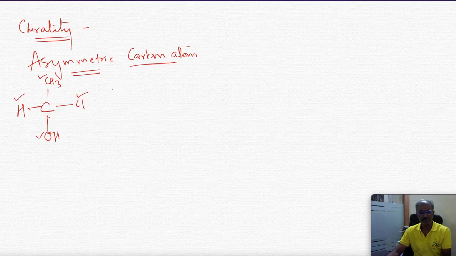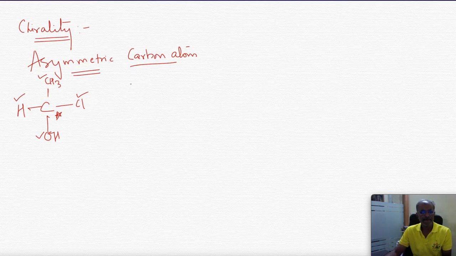Such carbon atoms are known as asymmetric carbon atoms, which are marked by an asterisk.